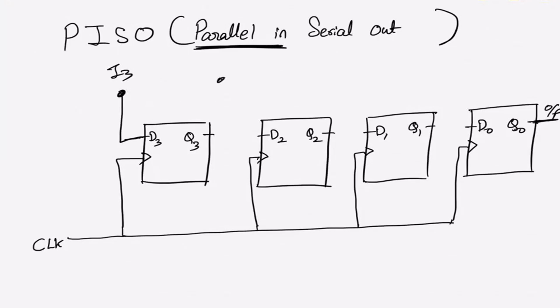Second is somewhere here where I need to give I2, then I1, and somewhere here which is I0. Now to store these I3, I2, I1, and I0 inside those D flip-flops, you need a multiplexer.